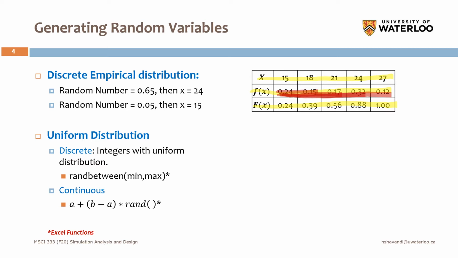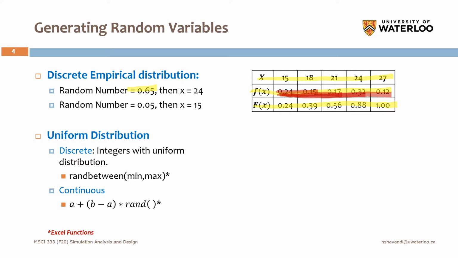So this is how we obtain the CDF for a discrete distribution. Now we have the CDF, and in order to generate a random variable, at first we need to generate a random number. Let's say we have generated the random number 0.65. So we need to find the interval in the CDF that this random number lies in.